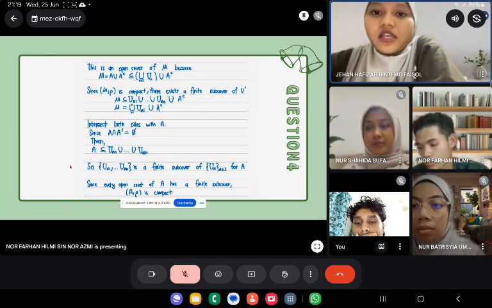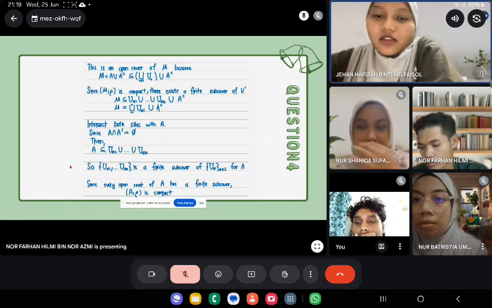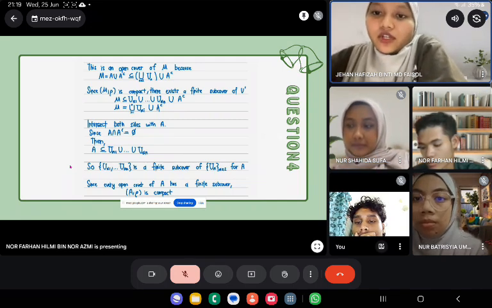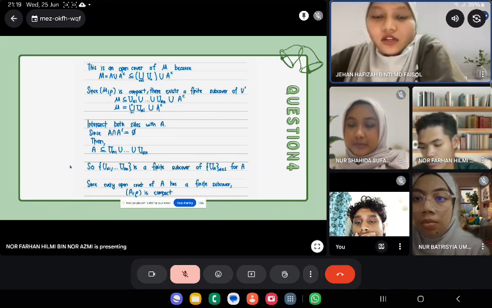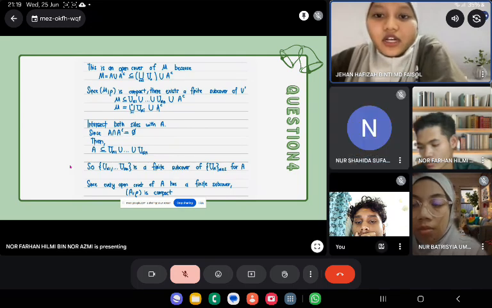So what we need to do is intersect both sides with A. Since A intersect with A complement gives the empty set, then A is a subset of V alpha 1 union V alpha 2 until V alpha n. Then we can conclude A is a subset of the union for i running from 1 to n of V alpha i.